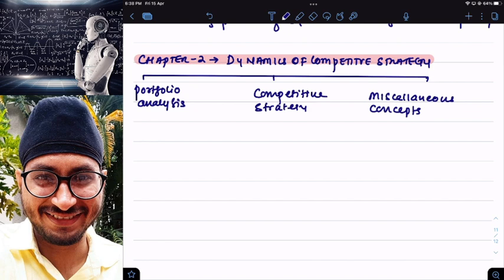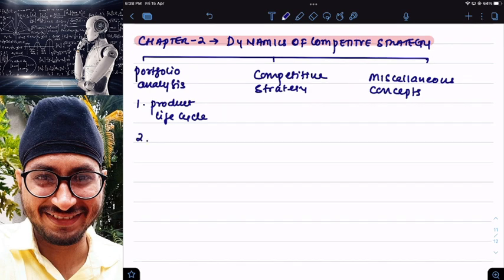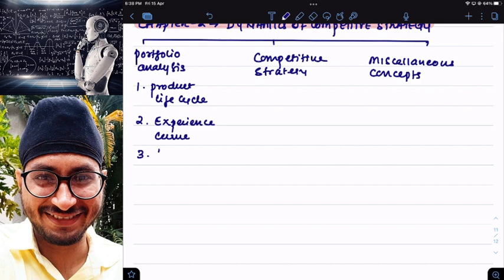Sir, in portfolio analysis we are going to study about product life cycle. Clear? These are the concepts we are going to study. Product life cycle is one of the most important chapters in our syllabus and a lengthy chapter also. Second concept we have is experience curve. Third one we have is strategic business unit.